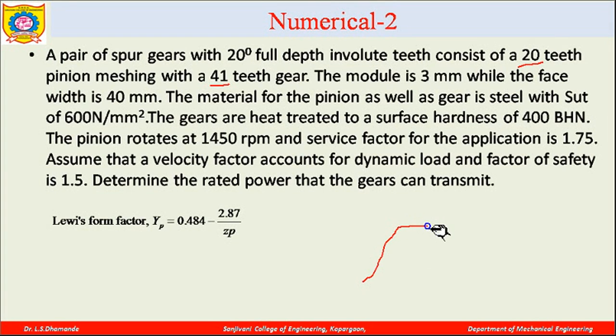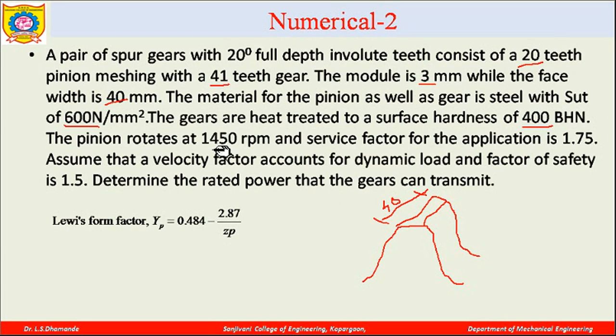For this particular gear the module is given as 3 mm, while the face width, that means this portion that is called the face width, is given as 40 mm, which is specified in the statement here. The material for the pinion as well as gear is steel with SUT of 600 Newton per mm square, and they both have a Brinell hardness number of 400.